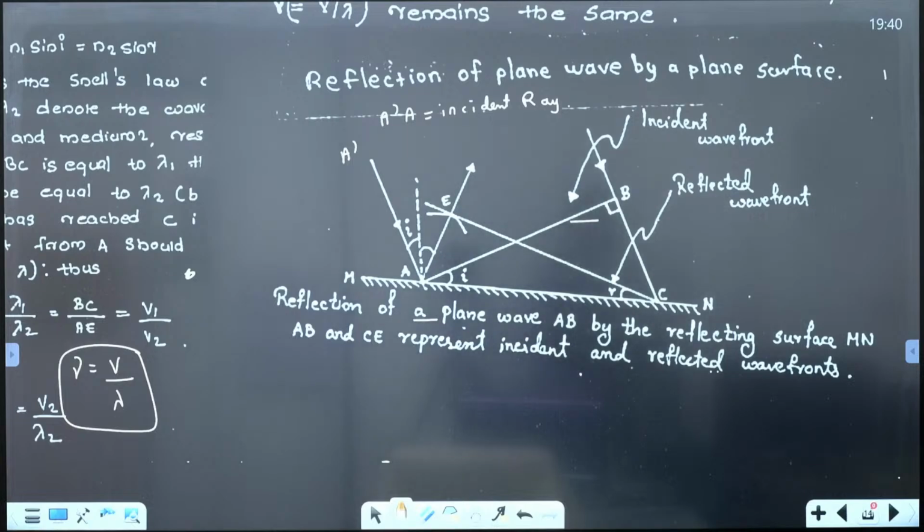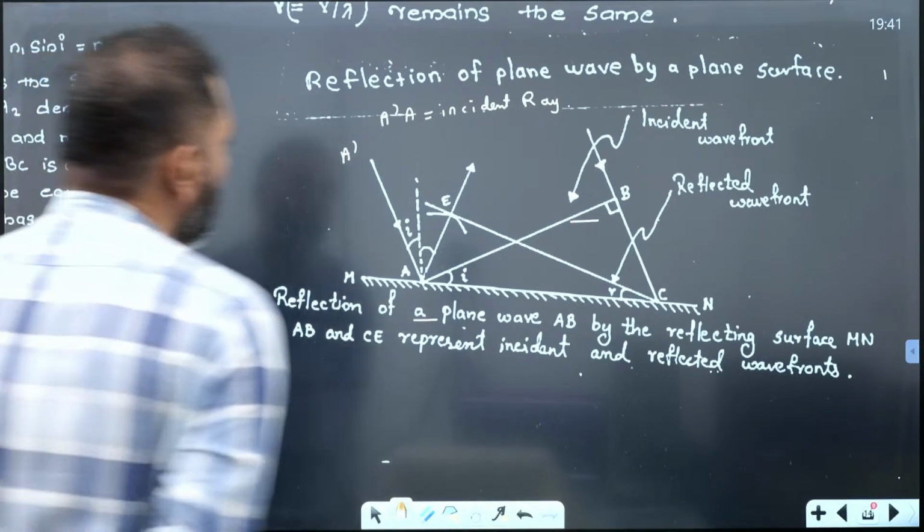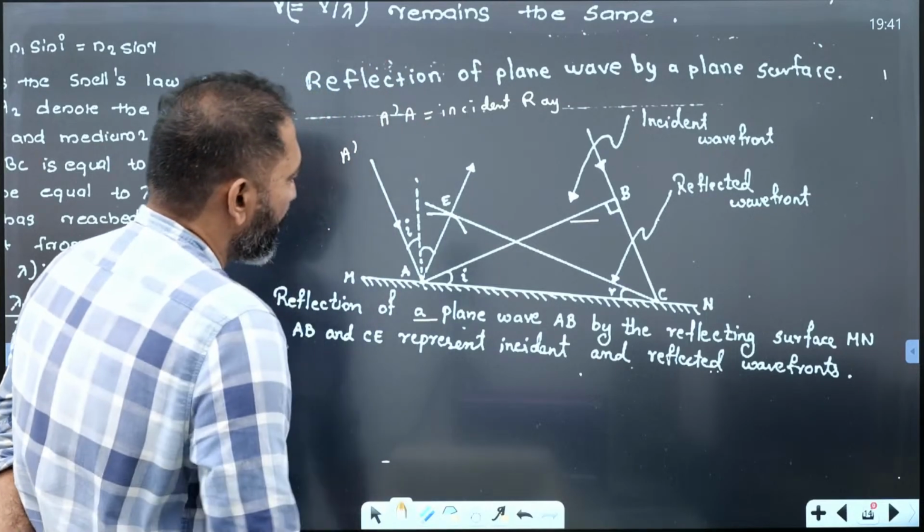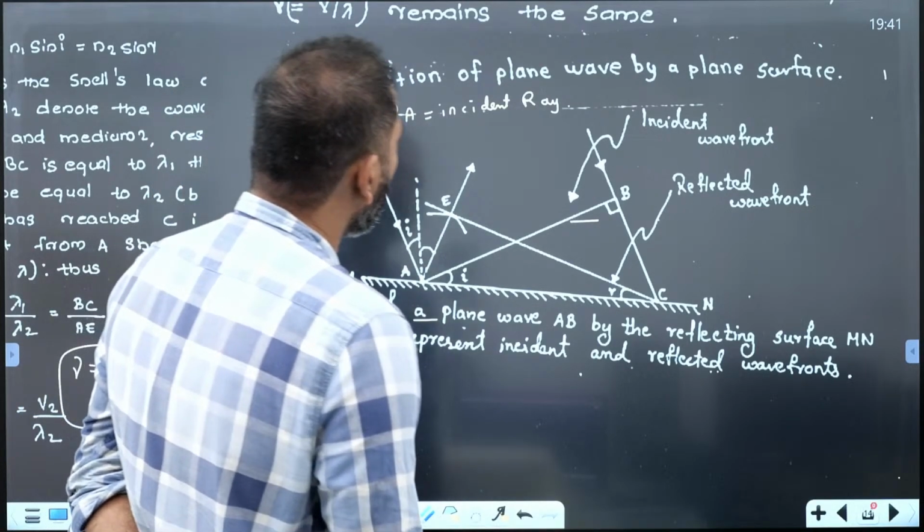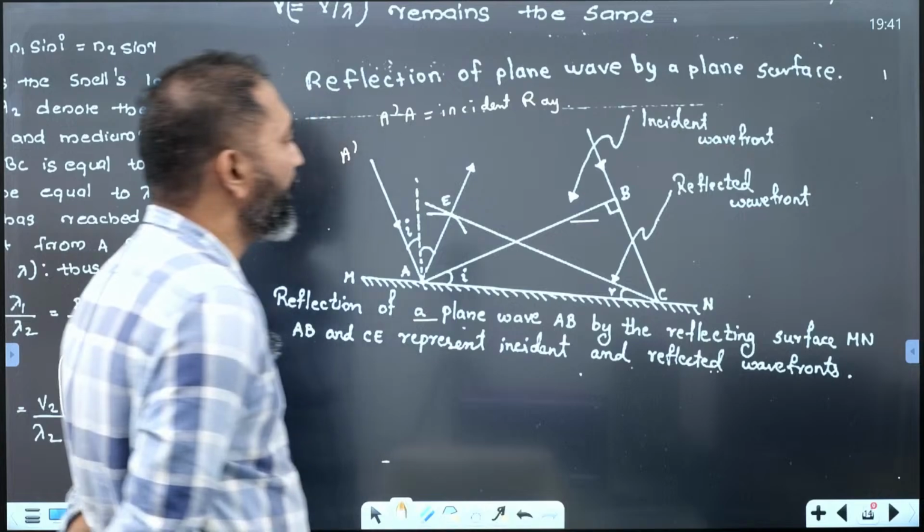Draw the figure. You should understand it in the figure. A'A is the incident ray, AE is the reflected ray, then CE is the reflected wavefront, AB is the incident wavefront.